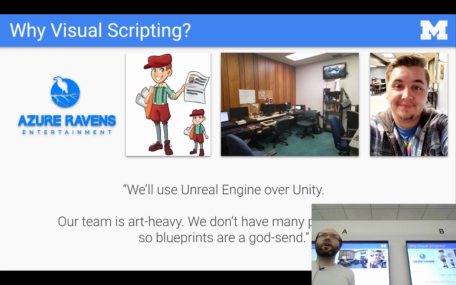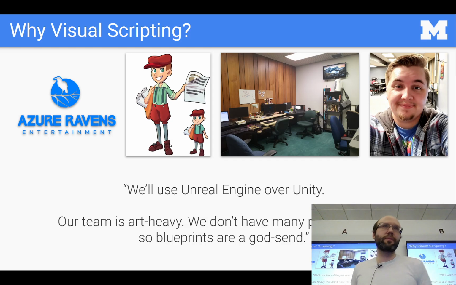Our team is very artist-heavy. We only have like one programmer or so, and so the blueprints are extremely important because the artists actually have the confidence to get in there and make some code and do some tweaks themselves. And that's a really, really, really big deal.